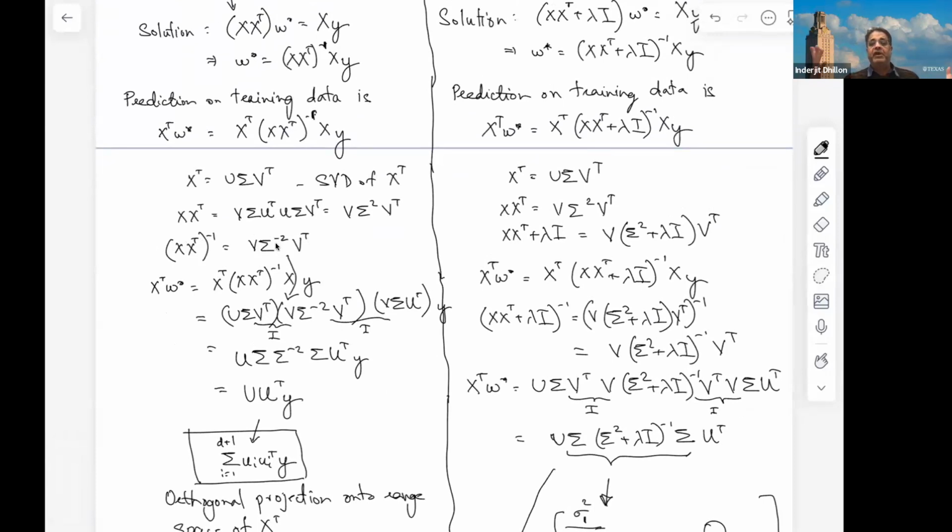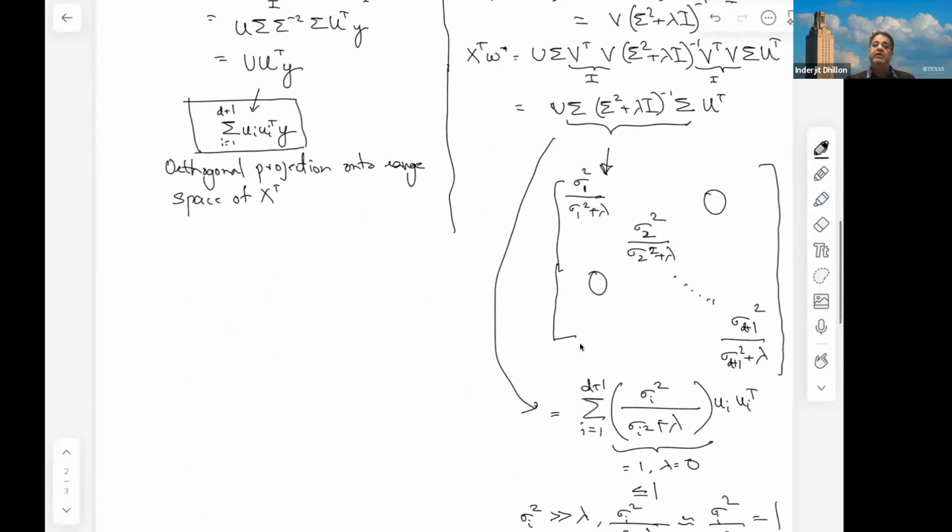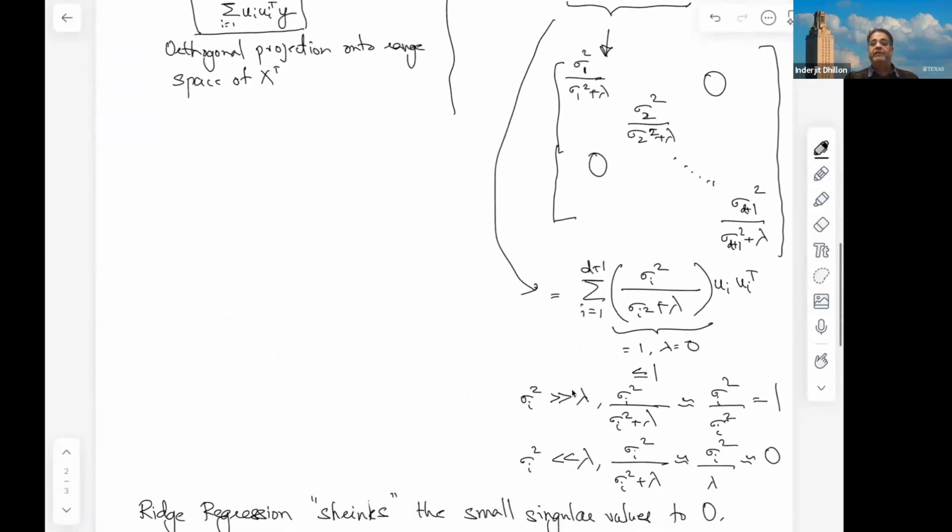Okay, so the coefficients can actually blow up in the prediction. And what ridge regression does is that for the large singular values, when sigma i square is greater than lambda, it basically does the same thing as least squares regression. It basically keeps them at 1.